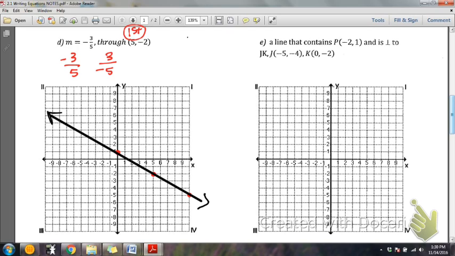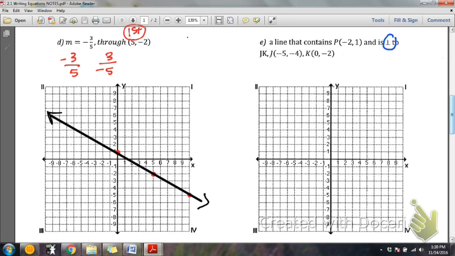Let's try letter E. It says a line that contains P and is perpendicular to JK. All right, there's a lot going on here. The first thing that we need to do before you start graphing all your points, we don't know the slope of this new line. All we know is that it is perpendicular to JK.